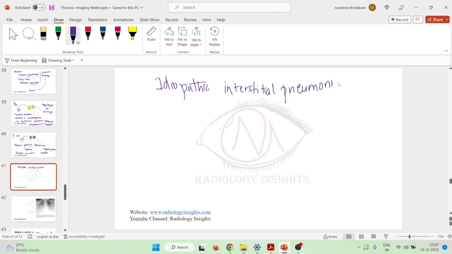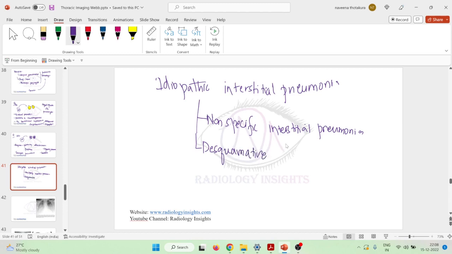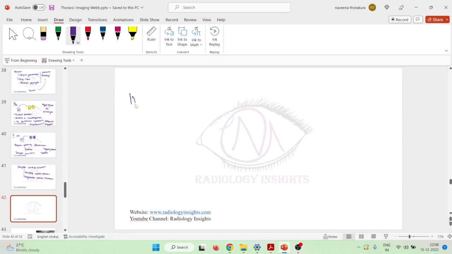Idiopathic interstitial pneumonia, like we have non-specific interstitial pneumonia, or we also have desquamative interstitial pneumonia. So in all these conditions, the alveoli is filled with cells. Okay, sometimes the alveoli can also be filled with lipid.